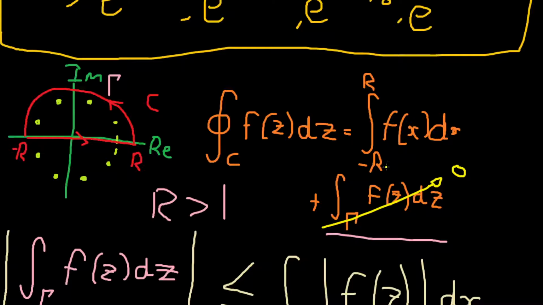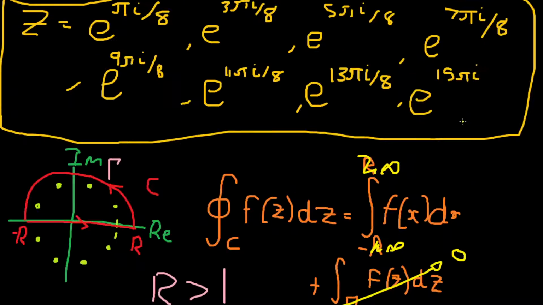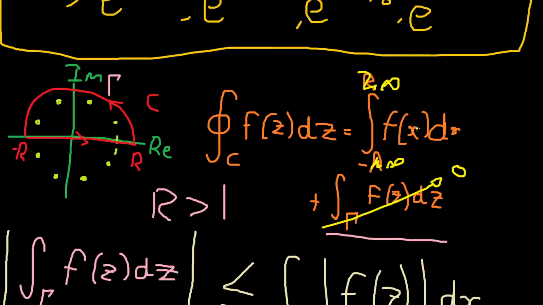If R goes to infinity, this is just negative infinity to positive infinity, which is our original integral. So we finally worked out that the original integral is just equal to the contour integral over this whole thing basically. And we can in fact evaluate this using Cauchy's residue theorem.